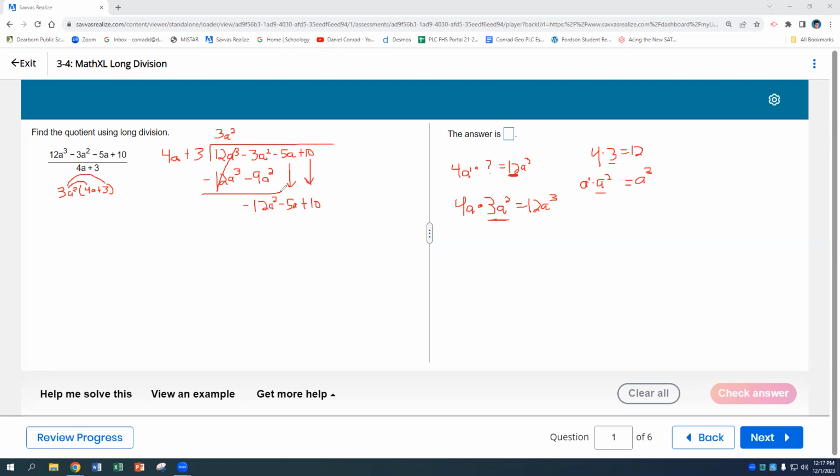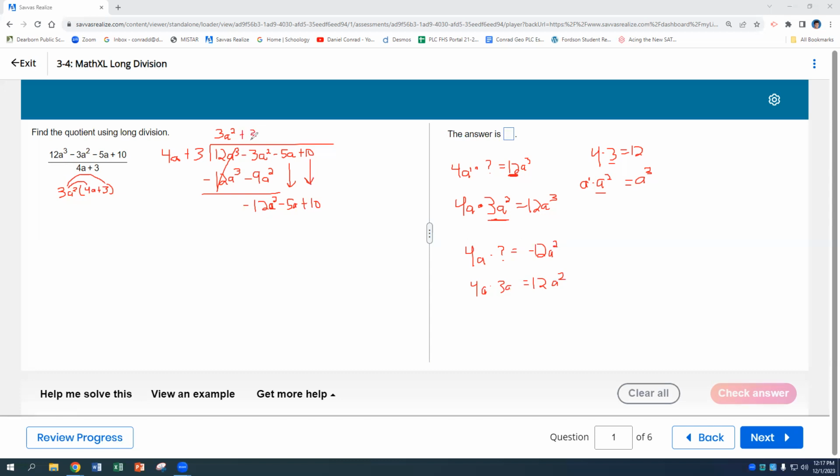All right, now we're going to do it all over again. We have negative 12a squared. So 4a times what is going to give us negative 12a squared? Well, 4 times 3 gives us 12, and a times a gives us a squared, so it's going to be 3a.